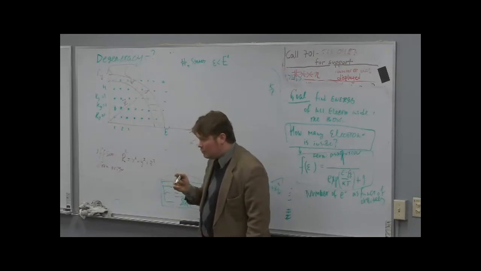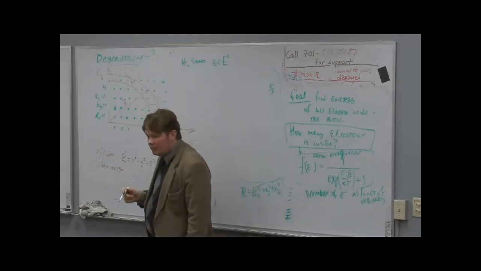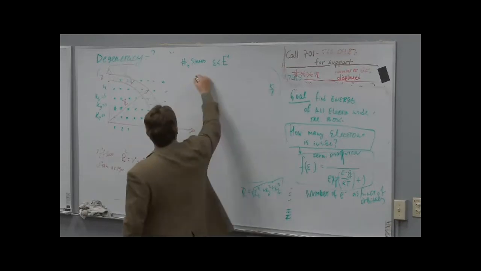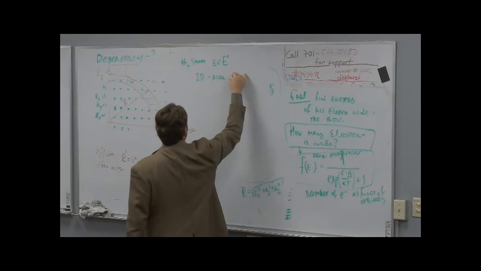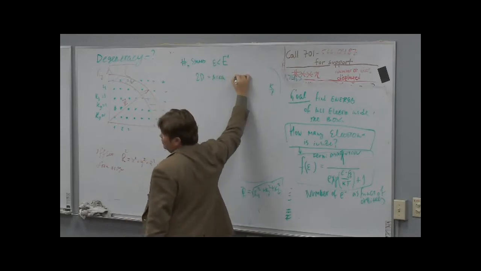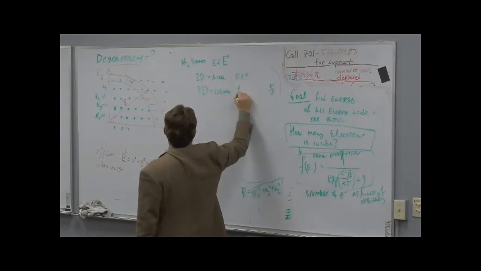If it is two-dimensional space, it will be the area of a circle, 2D area, pi r squared. If it is three-dimensional, it will be a volume, 4/3 pi r cubed.